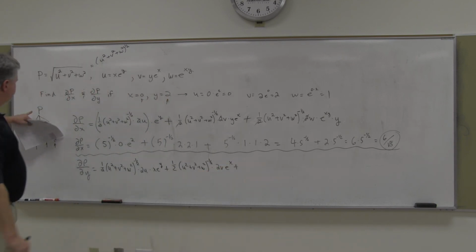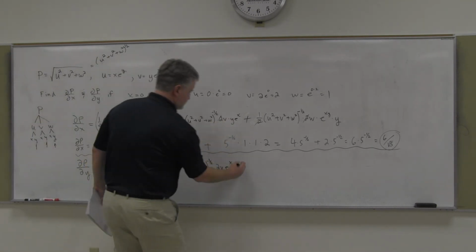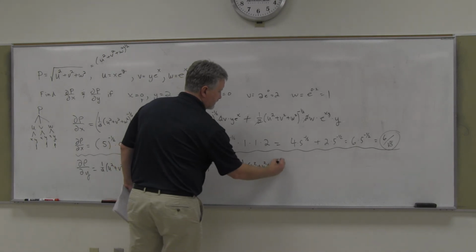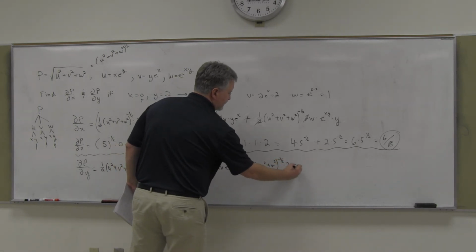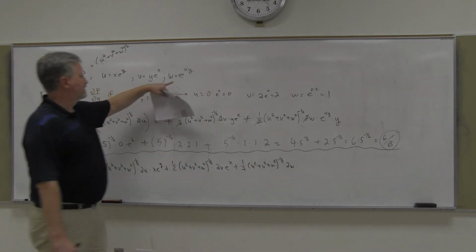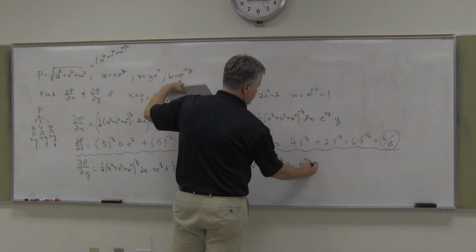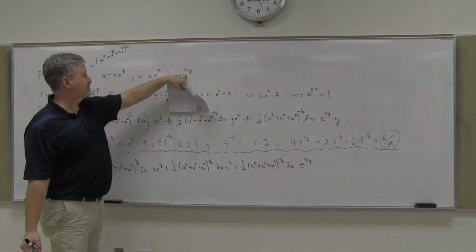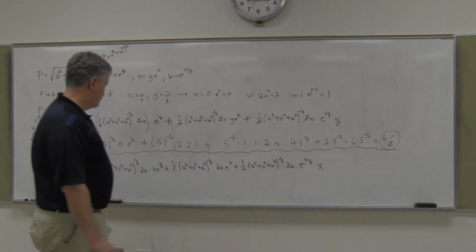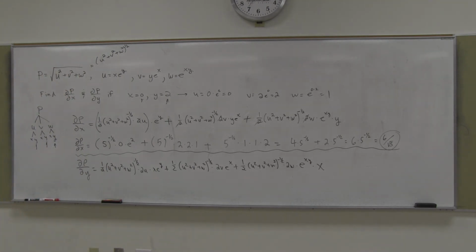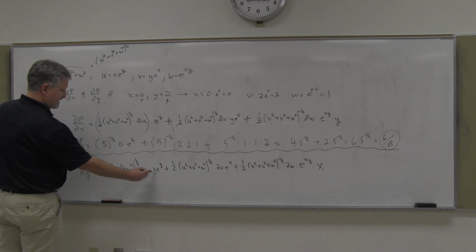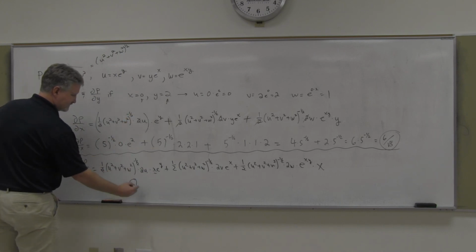And then last but not least, the partial of p with respect to w, so that's this one, 1/2 (u squared plus v squared plus w squared) to the negative 1/2 times 2w, times the partial of w with respect to y, so that'd be e to the xy, then the derivative of the power xy, doing it with respect to y, would be x, times x. The good news is, here I've got a times x, and x is 0, so that's 0.